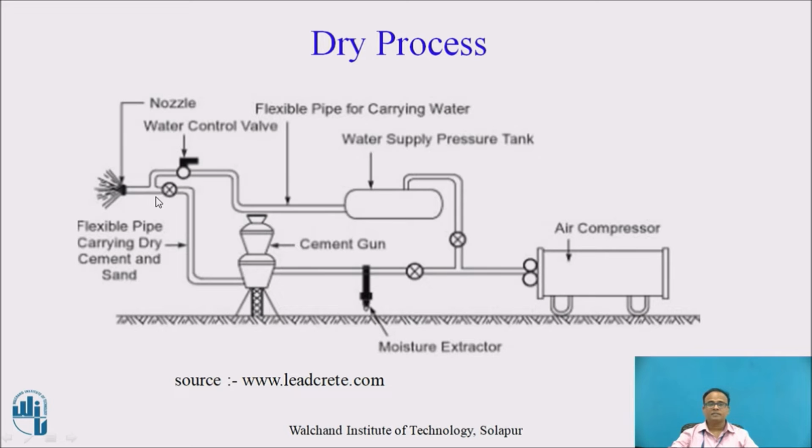And at this nozzle end, there is a pipe which controls the inlet for water, and that is directly mixed at this location. So that is why this process is called dry process, because the water is not added initially during mixing of ingredients such as cement, sand or aggregates.